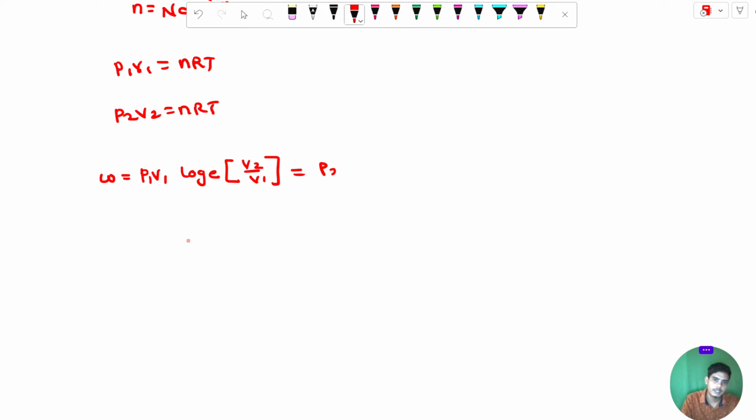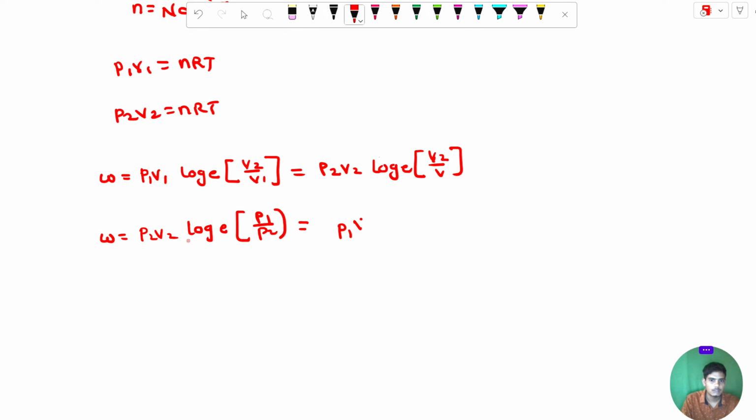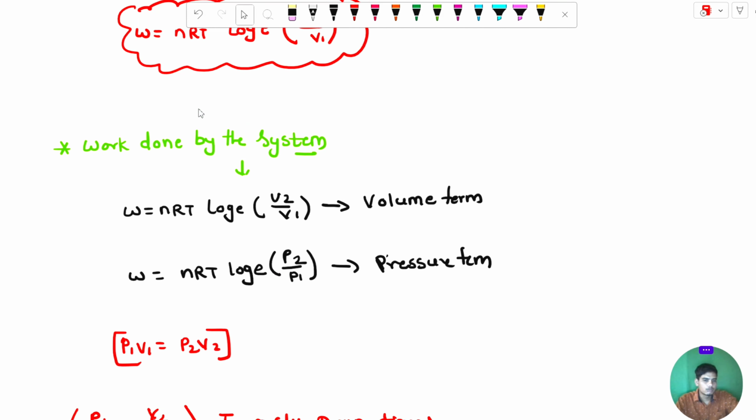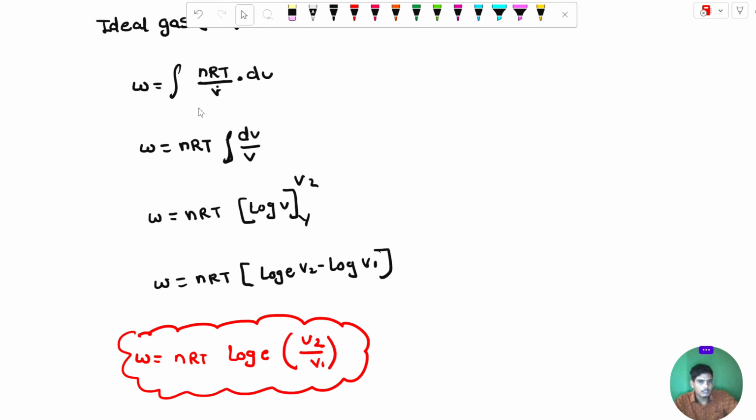You can also write P2 V2 log e V2 V1. The next one is P2 V2 log e P1 P2, and P1 V1 log e P1 P2. This is the expression for the work done by the system and work done on the system. I can prove both equations here.